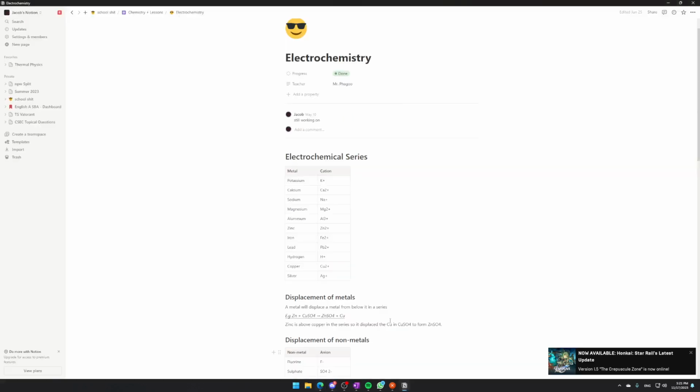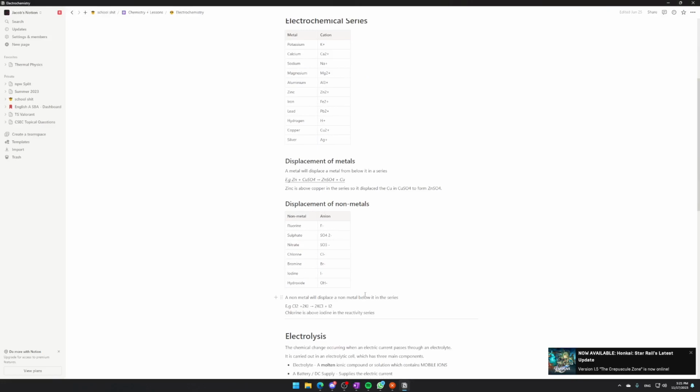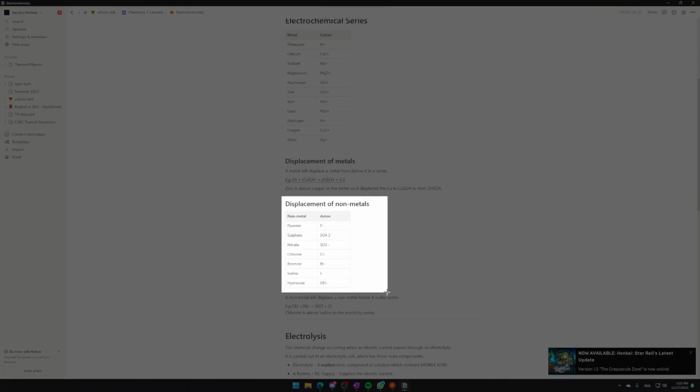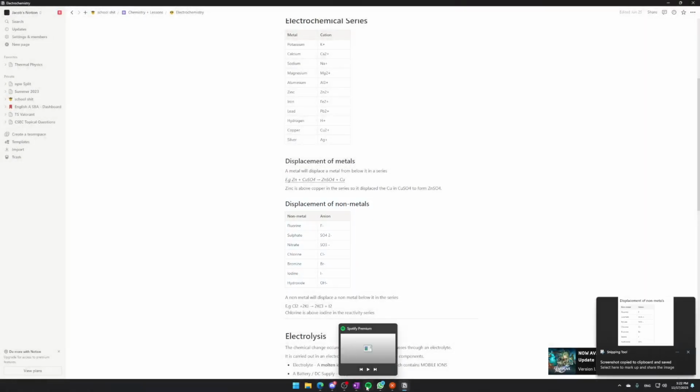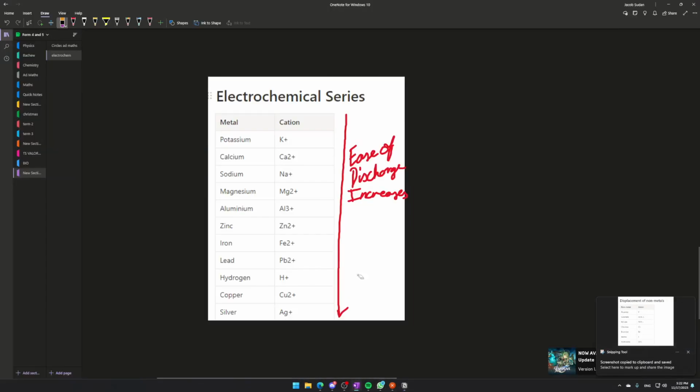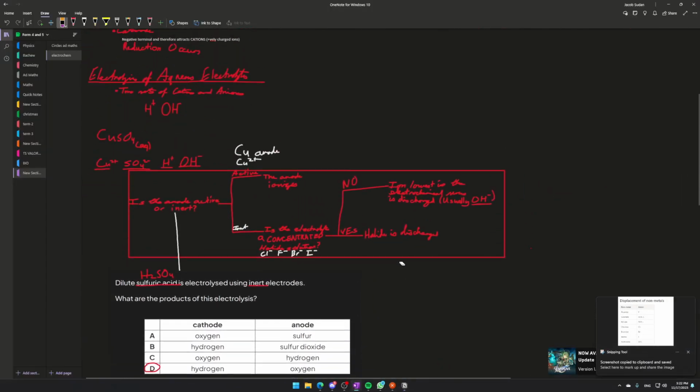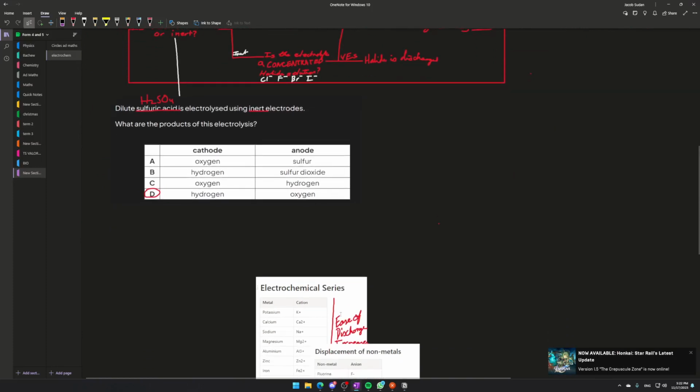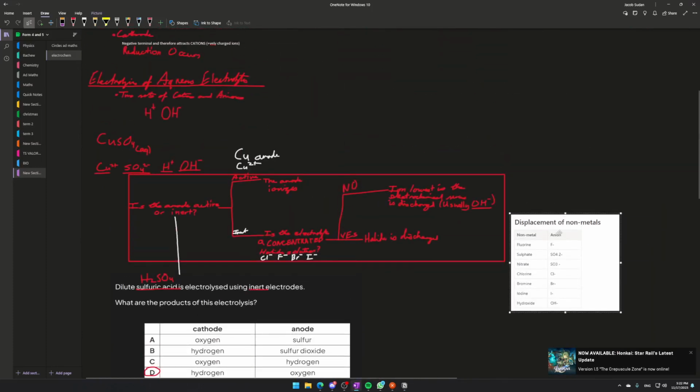For anions, it is right here. I'll put this in the description or something. Displacement of nonmetals.